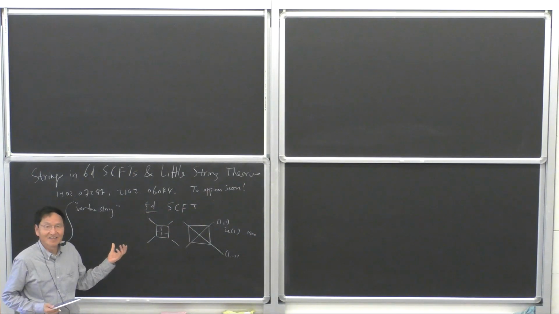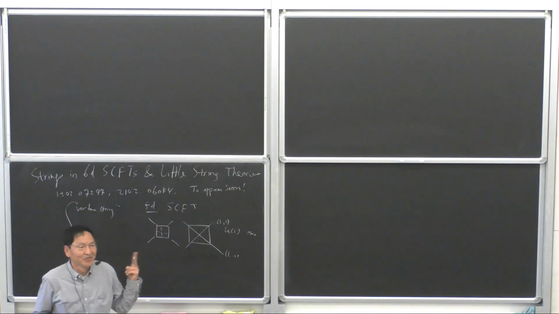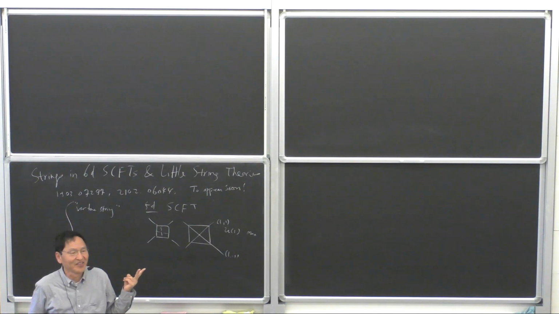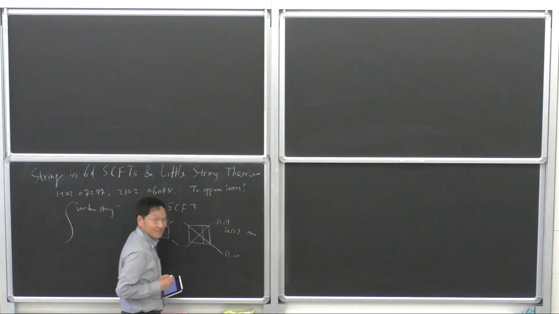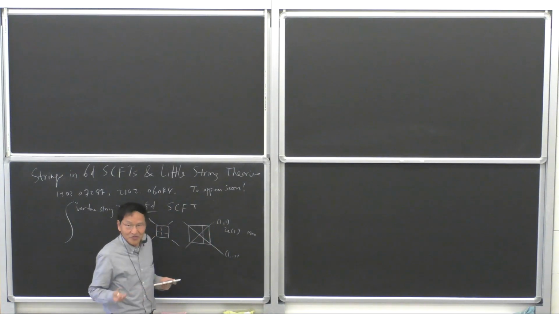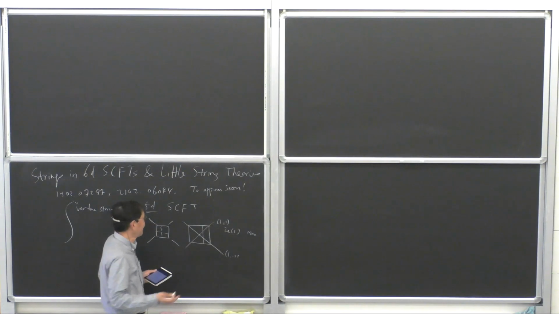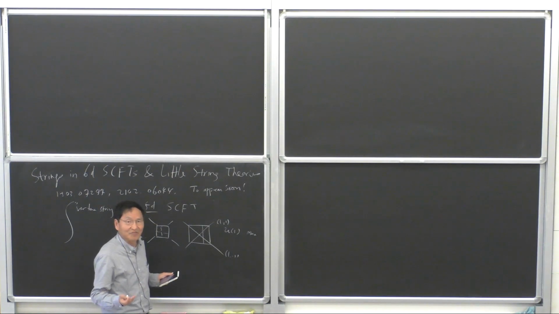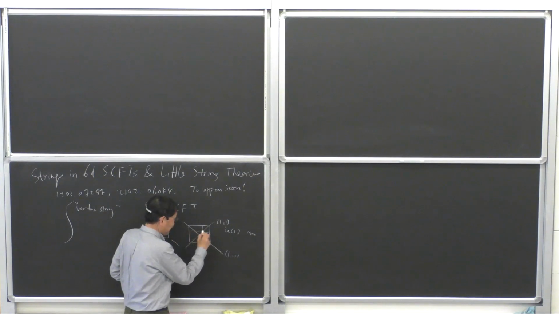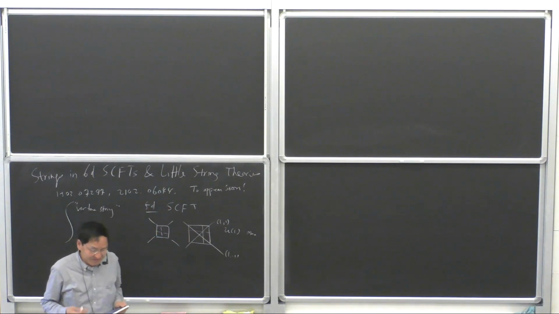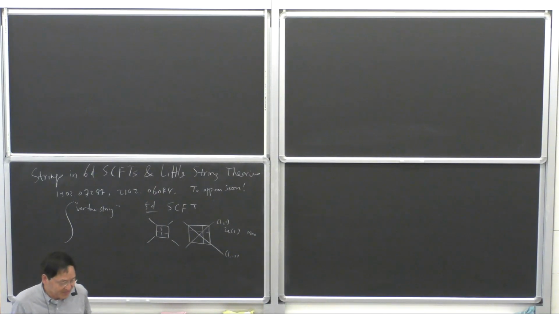But the theory has 2 W bosons, which are mutually non-local. One comes from a fundamental string connecting these D5 branes, which of course gives us a weakly coupled region where we interpret it as W bosons. And then you can have an S-dual, a D1 string connecting two NS5 branes, and those are instantons. And one of the excitations of the instanton is the W boson with vector multiplet.